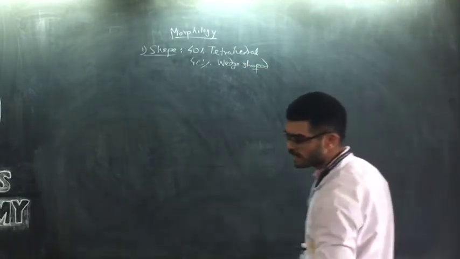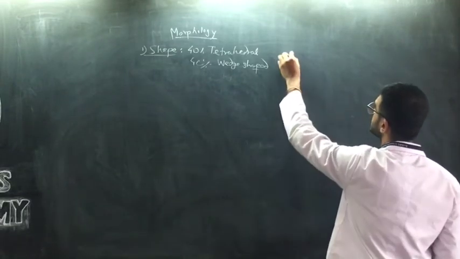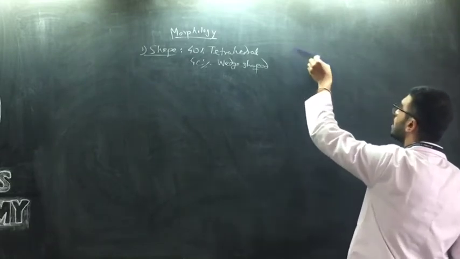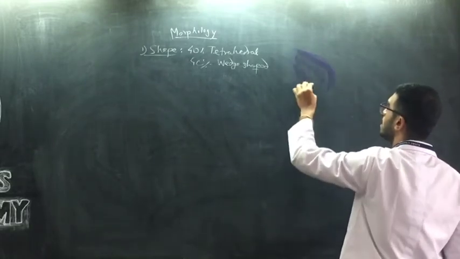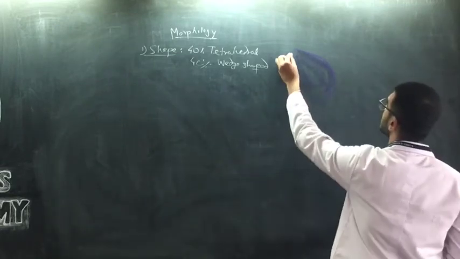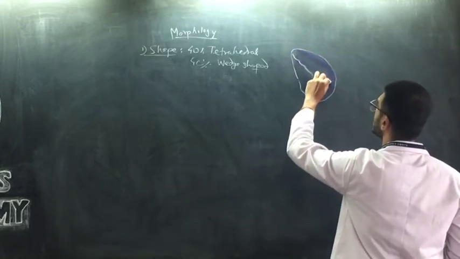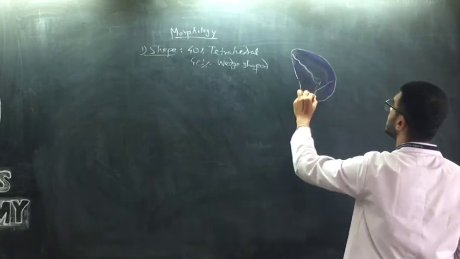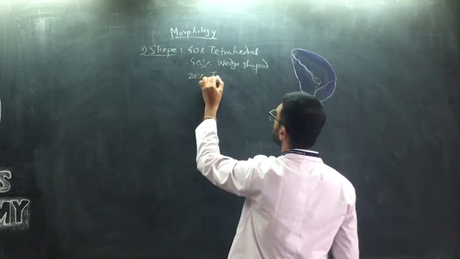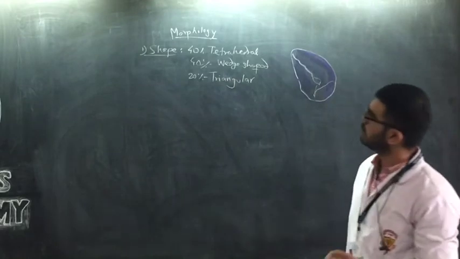If I were to draw a tetrahedron, I would draw the spleen schematically like something like this. Something like that. The remaining 20% of the times it could also be triangular. Now that's a rare shape that we can come across.